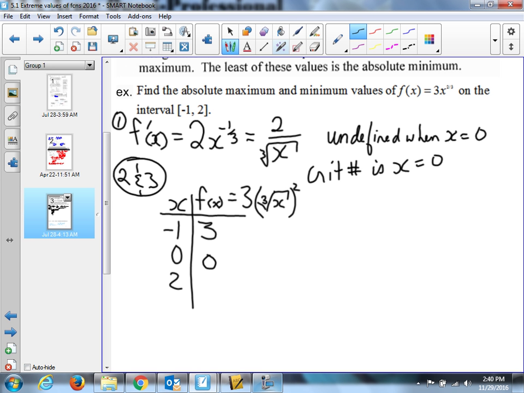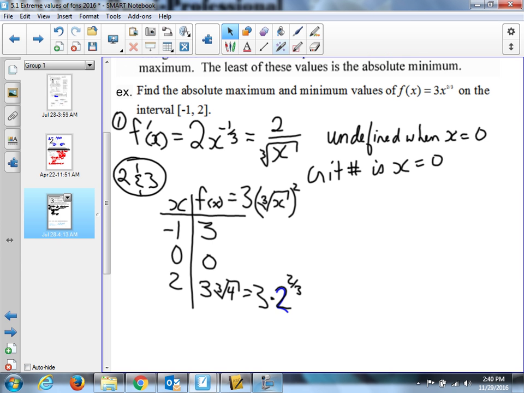So you could have it as 3 times the cube root of 4, which is the same as 3 times 4 to the 2/3, same thing.